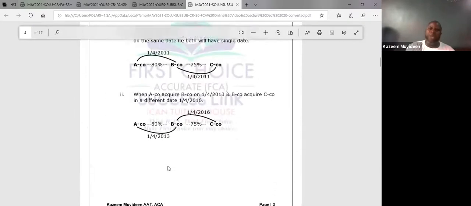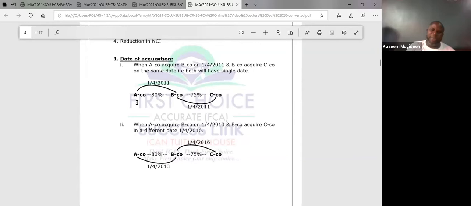I use this one as an example to determine the effective interest. ECO to BICO 80%. ECO to SICO now, you will say 80% times 75%. That will give me 60%.